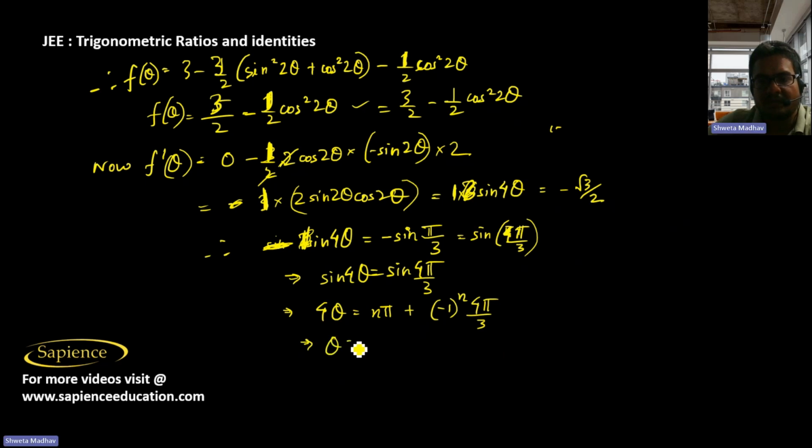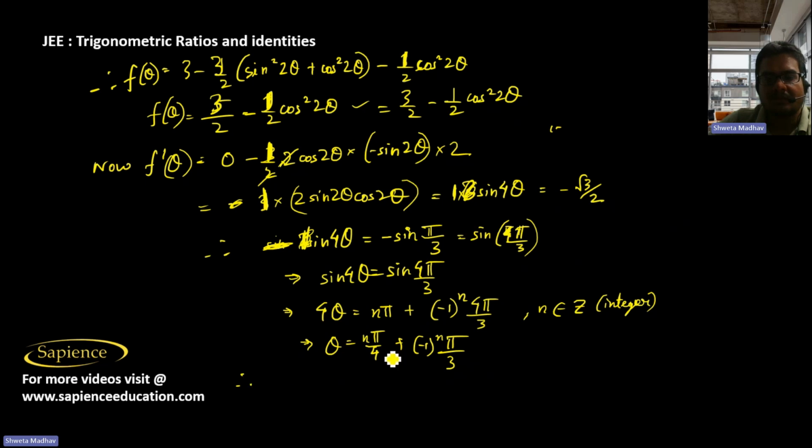Now therefore theta will be equal to n pi by 4 plus minus 1 whole power n into pi by 3, and here n should belong to Z, where Z is an integer, so integral solutions only we need.